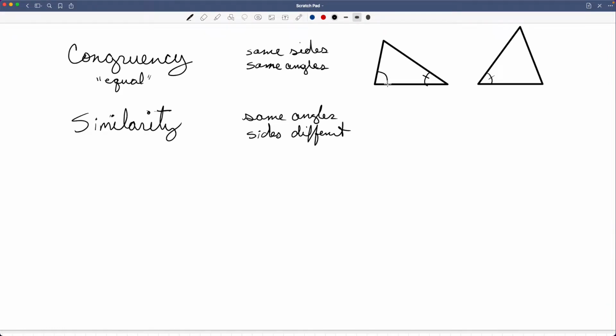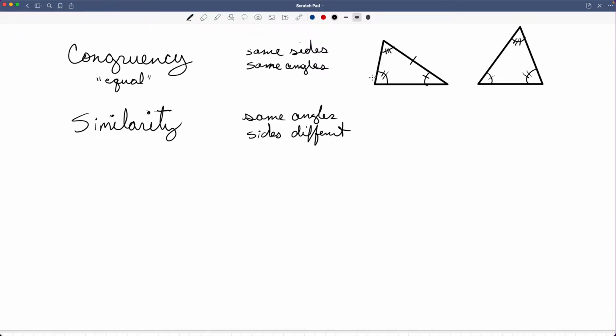However, if I did this and this, which said that all three angles of this triangle are congruent to the three angles in this triangle, then we would have similarity, right? That's the difference. All the angles are the same, but the sides are different.